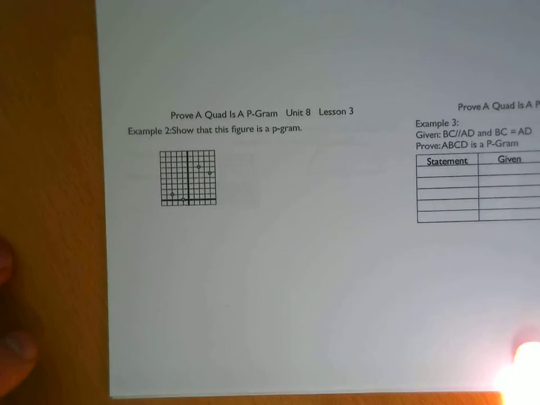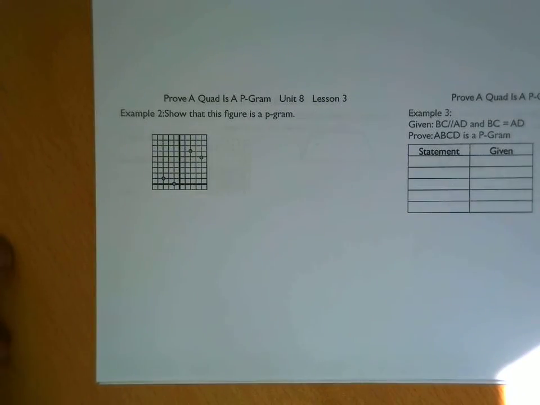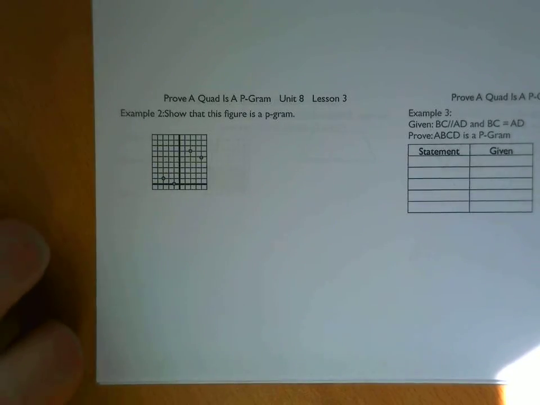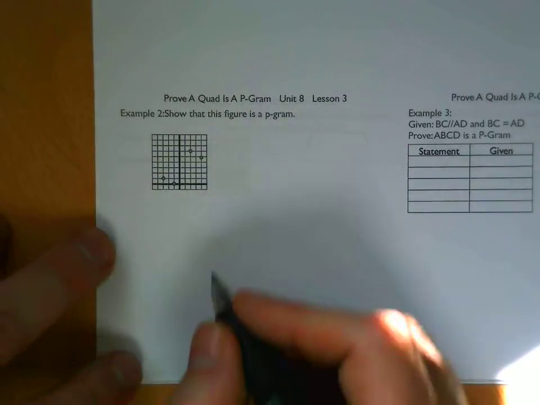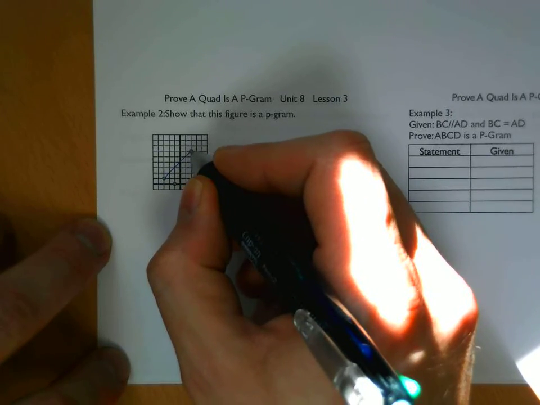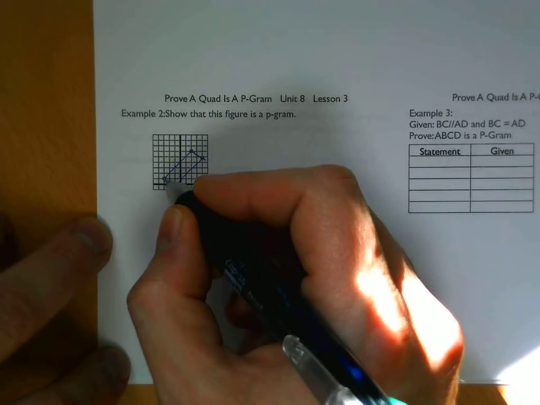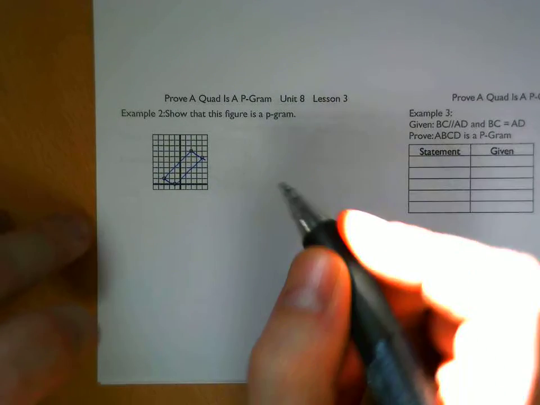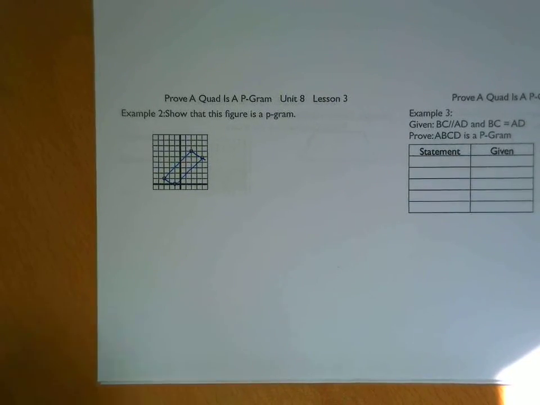We mentioned in the last lesson that it's going to be real common for you to see a lot of coordinate proof type stuff here. This isn't necessarily a coordinate proof, but it is on a coordinate grid, so in that sense, it's close. Remember, we only have to prove one of those things is true.